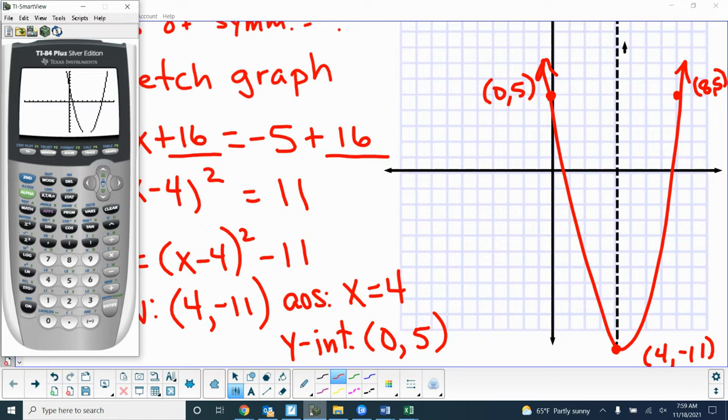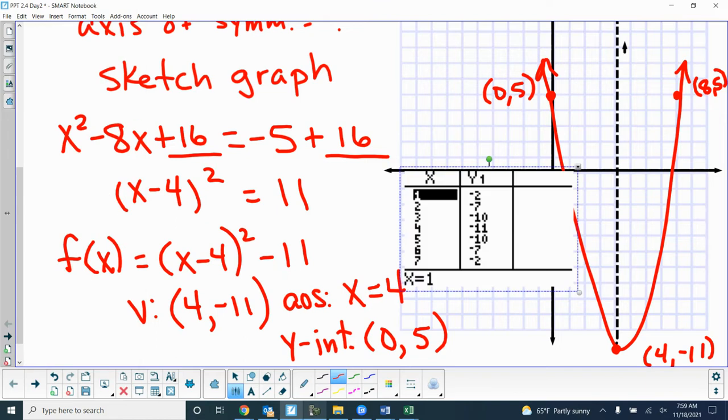If I go to the table, there's my y-intercept, right? There's some points. And then, you know, not every time is it going to be a whole number for you, but a lot of time it will.